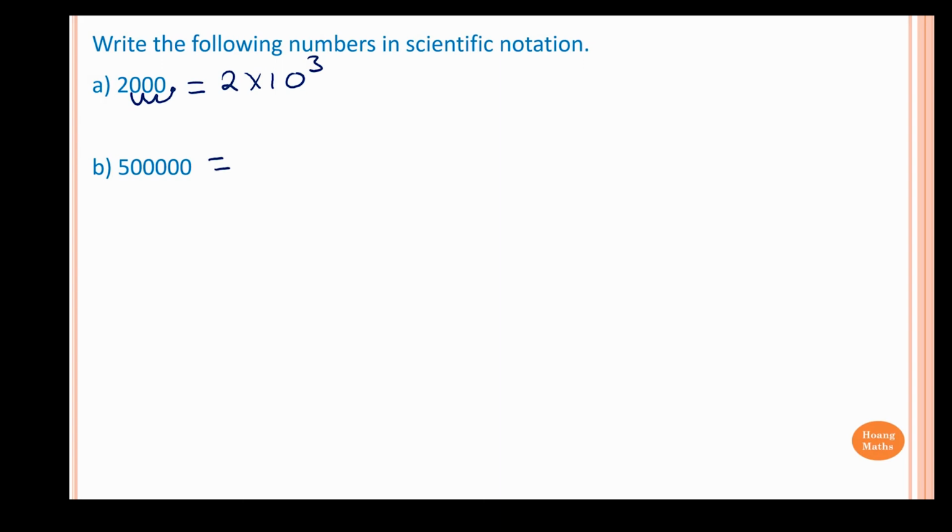Again, no decimal, so it's right at the back. So we move 1, 2, 3, 4, 5. So 5.0 whatever, so I can just write 5 times 10 to the 5. So this is it.